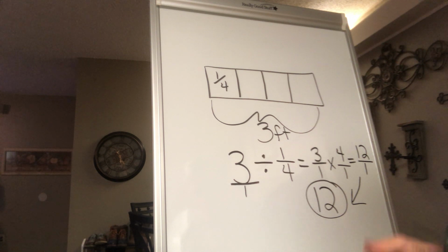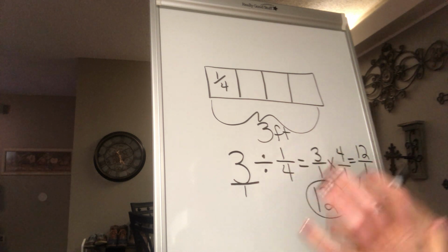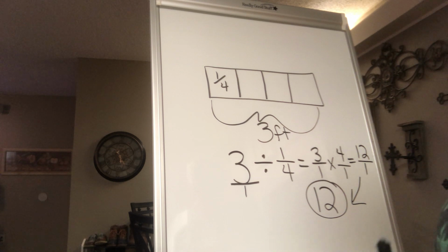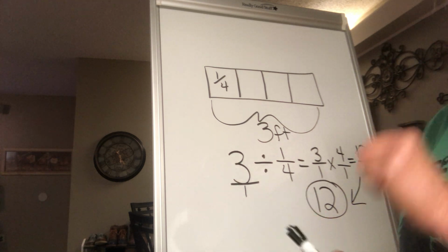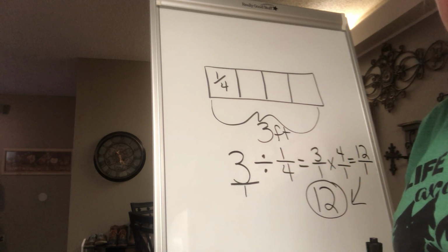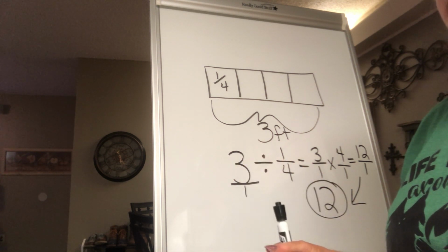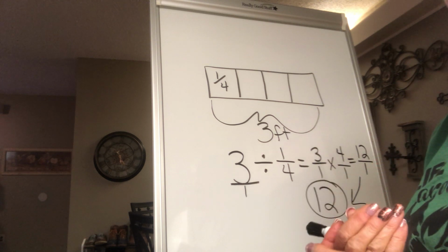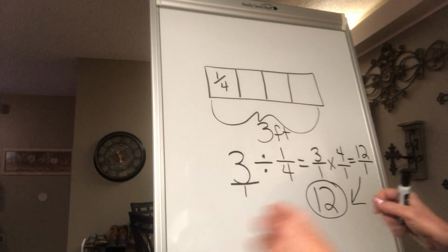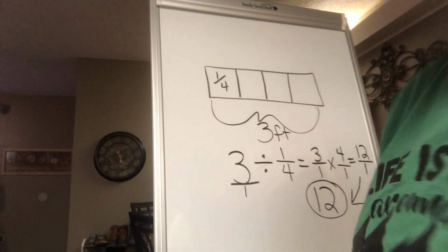Anytime you're dividing, it matters what order you go in. You have to think, am I dividing up the fraction between a whole number of people, or am I dividing up a whole into little fractions?